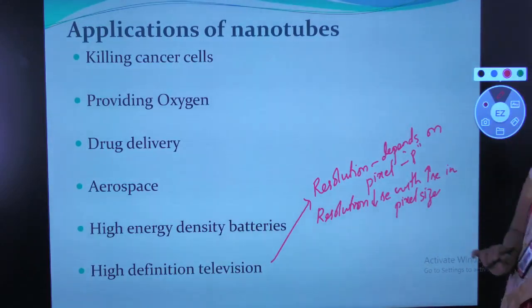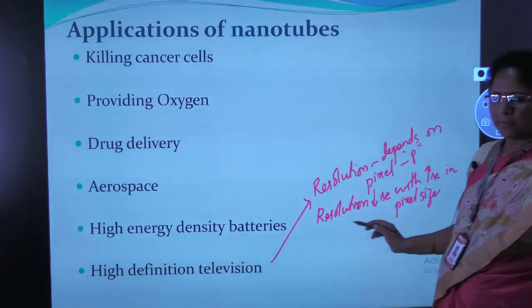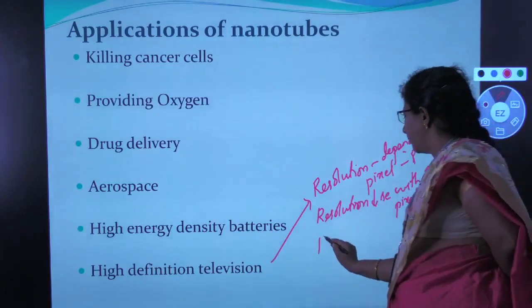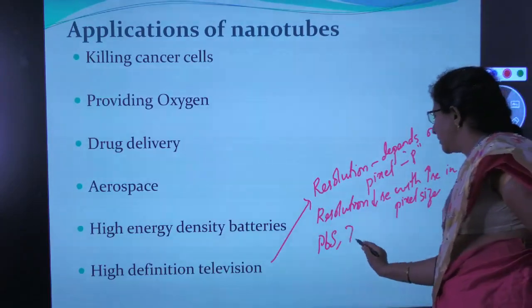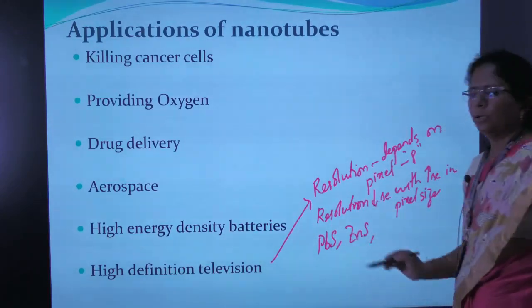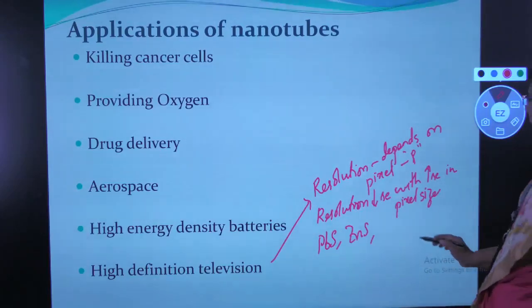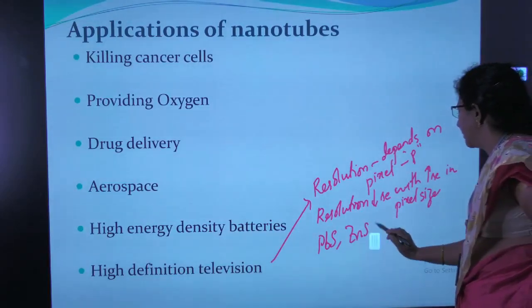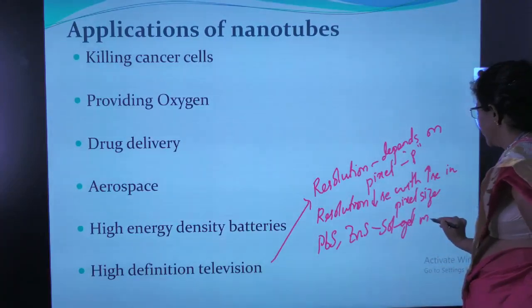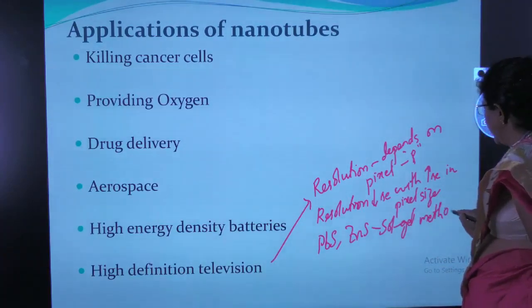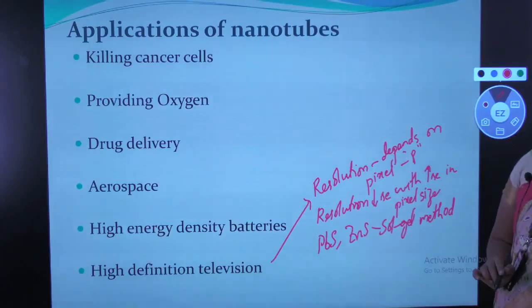So if we prepare the pixels with nanomaterial lead sulfide, zinc sulfide or lead telluride, which are prepared by sol gel method, it will increase the resolution of the television.